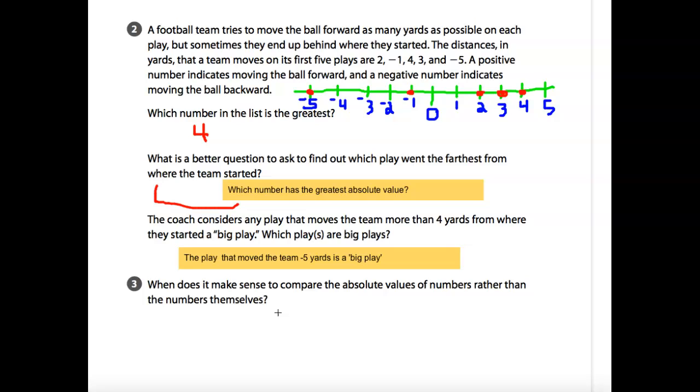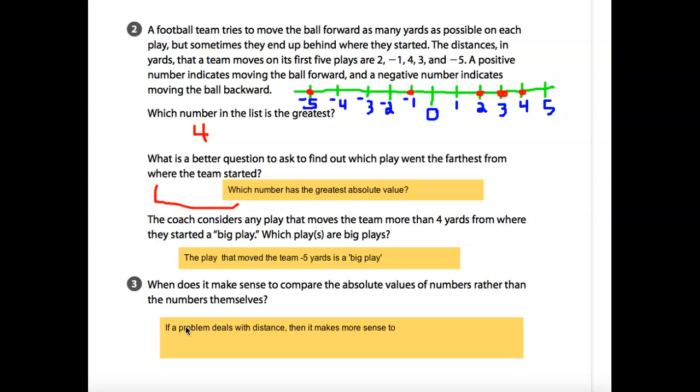When does it make sense to compare the absolute values of numbers rather than the numbers themselves? Well, let's take a look. If a problem deals with distance, then it makes more sense to compare absolute values, because they have to do with distance.